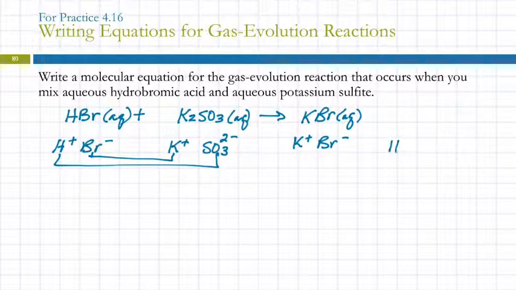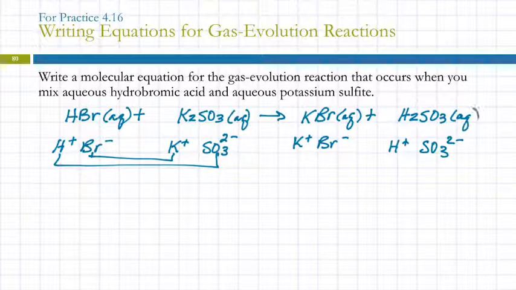And then the other combination here is H plus and SO3 2-. So that's going to make H2SO3. I'm supposed to have a gas. One of these is going to fall apart and form a gas. Is it the KBr or the H2SO3?